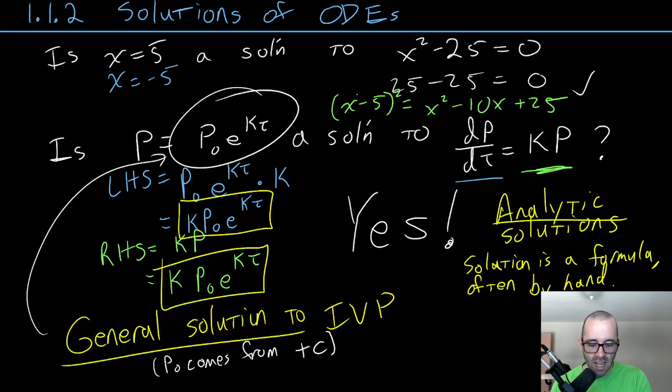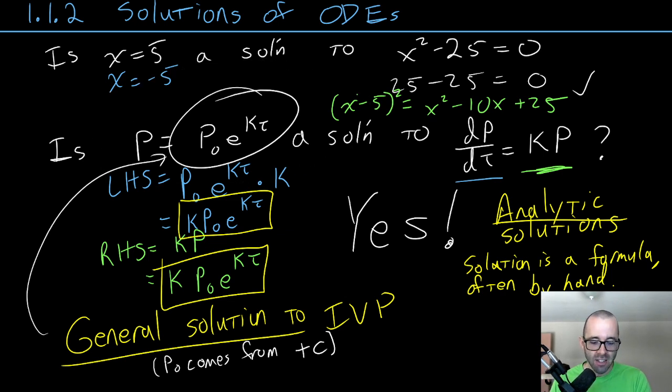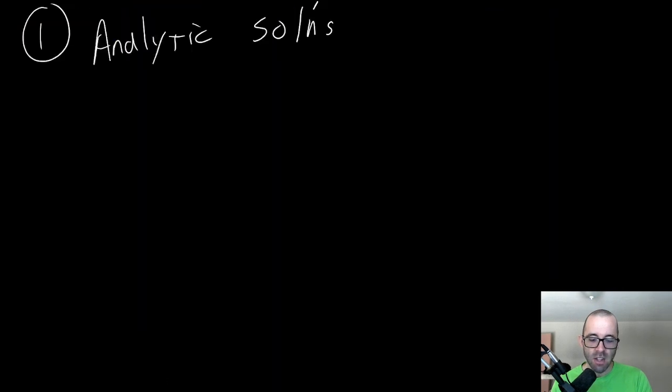We did analytic solutions back here. I didn't tell you how we found this solution, but we found an analytic solution. We found a formula of a function that was a solution to the differential equation. Solution meaning it makes the equation true. So sometimes we're going to do that. In fact, pretty soon we'll talk about a method of how we can find analytic solutions for certain equations.